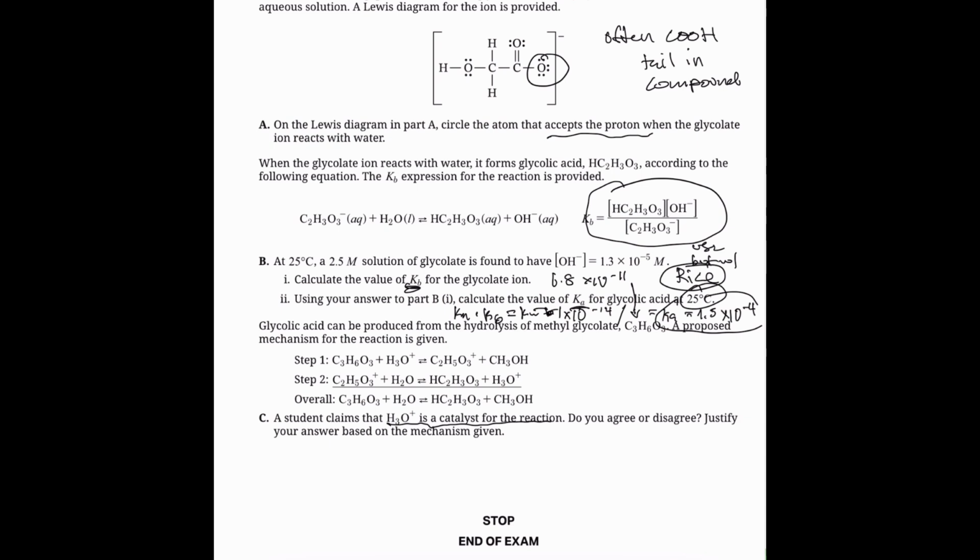And in the overall, it's not shown. So I agree, it is a catalyst, as a catalyst is not used up in the reaction, which it wasn't. It came out unharmed after being used in the first and coming out produced in the second, which means it's canceled out.